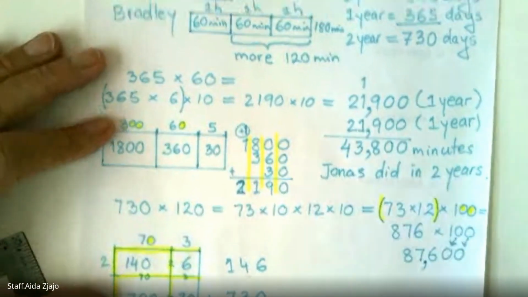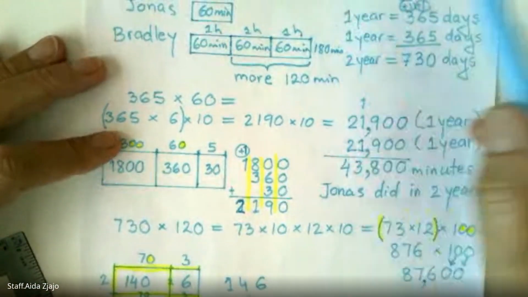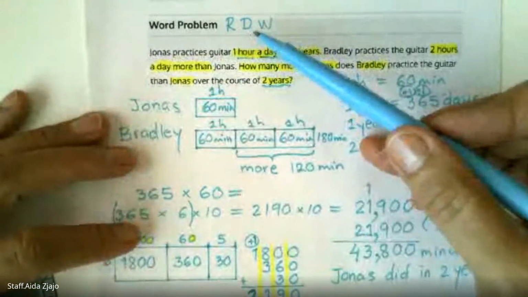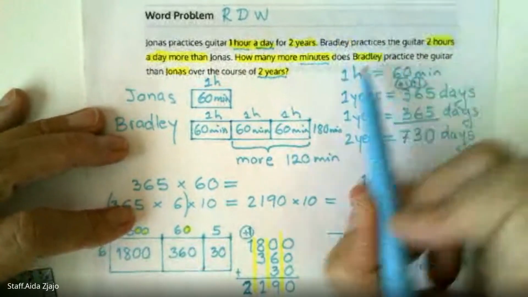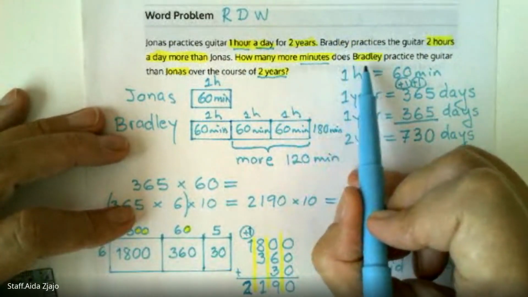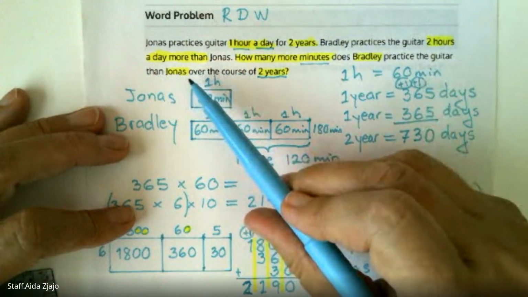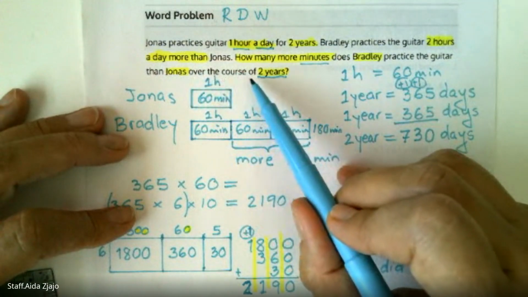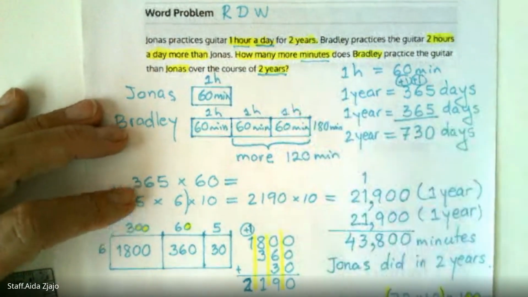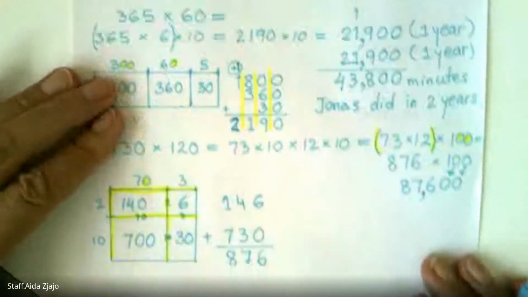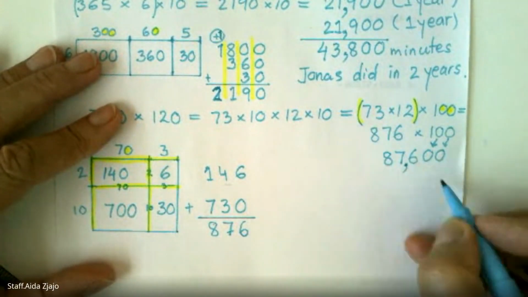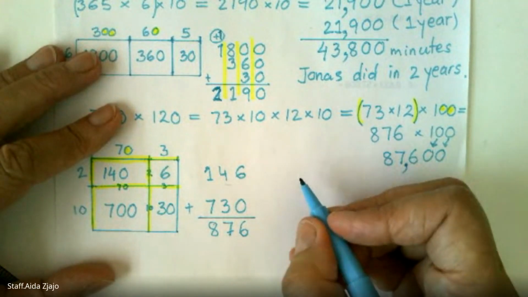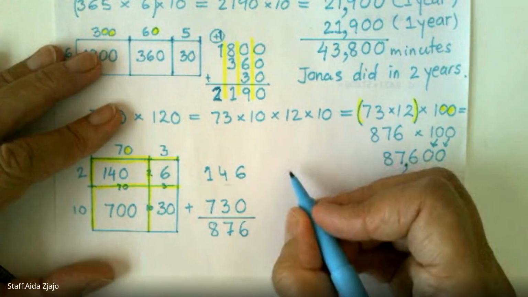So this one here is 87,600 more. Now I need to write. Remember, we did reading, we did drawing, and now we are answering questions. How many more minutes does Bradley practice the guitar than Jonas over the course of 2 years? I only have room right here, so I'm going to use the language from the question.